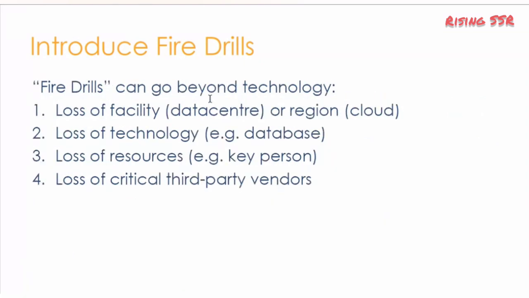So when we talk about fire drill, it can have many flavors. We are not only talking about the loss of a particular data center or a facility or a particular region or a particular availability zone. That's one flavor. It can be loss of a particular technology as well. It can be loss of people, loss of resources.